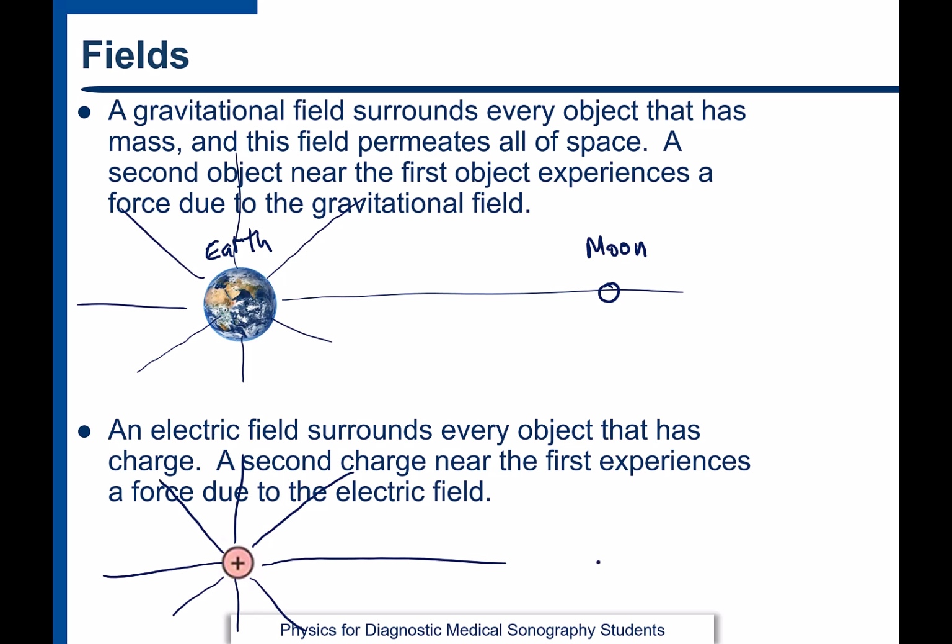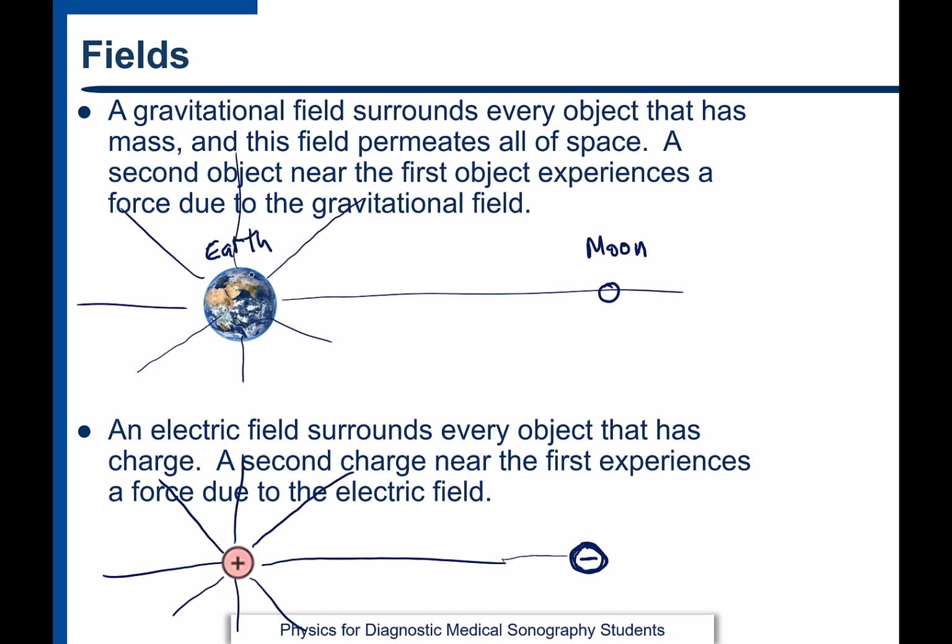And now if we put another charge, like a negative charge, over here, we can think of the reason that that charge experiences a force is because it's in the electric field of that positive charge. Notice we could also envision it the other way. We could say the negative charge is creating the electric field, and the positive charge experiences a force due to the fact it's in the electric field of the negative charge.